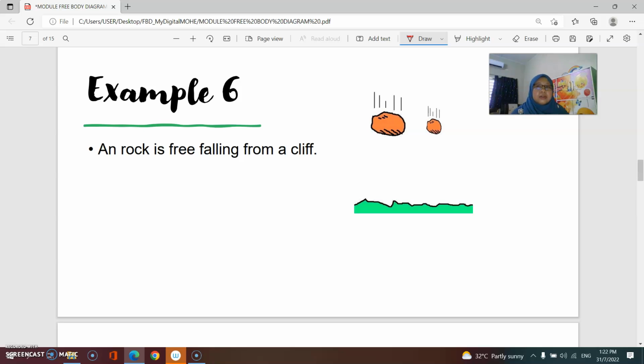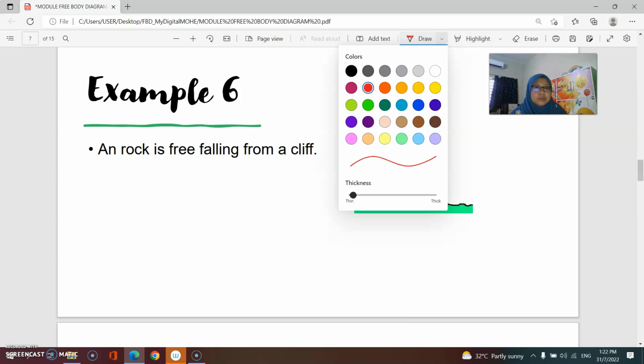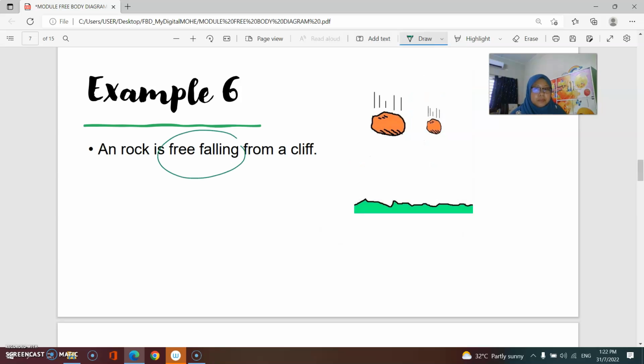Example 6. A rock is free falling from a cliff. The keyword free falling here means that there exists an acceleration. Same as the previous example, we have a rock, so we have a gravitational force, and also we will have air resistance.